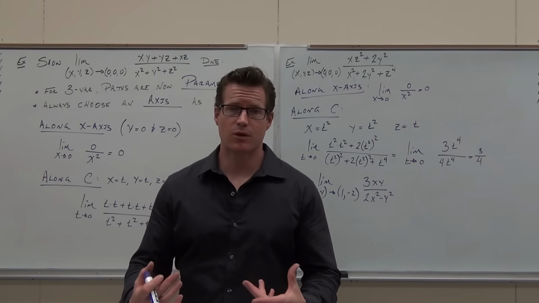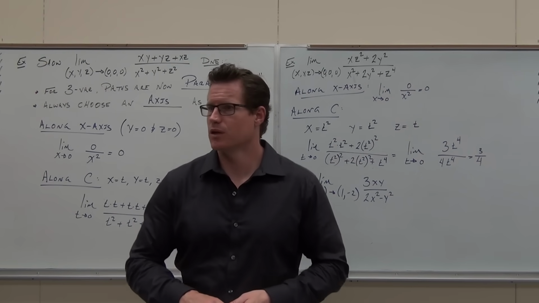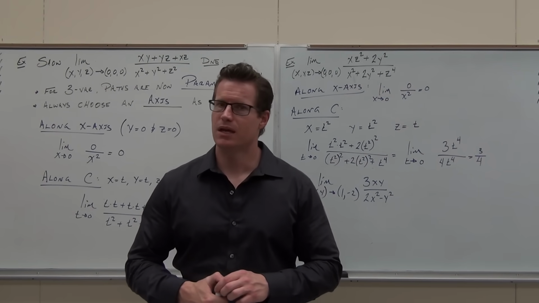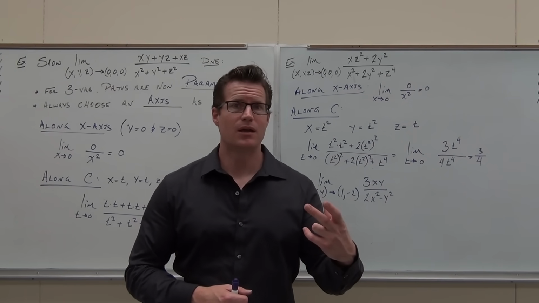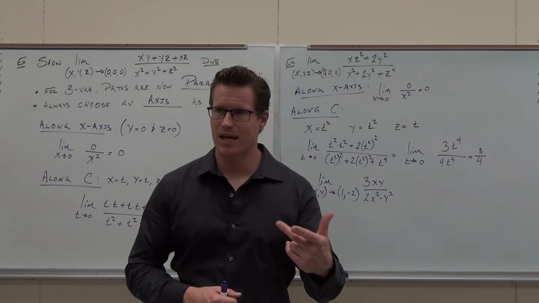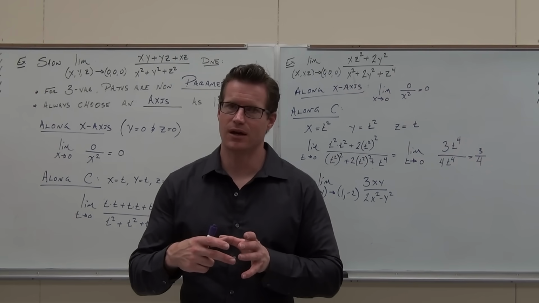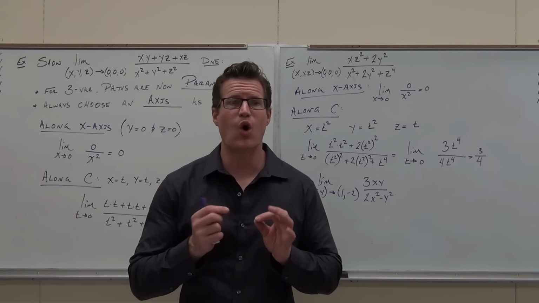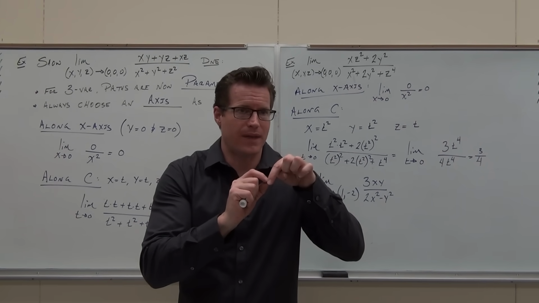If you don't get 0 over 0 or a 0 on a denominator, you're done. We're using the fact that if you plug in a value and you get a number, then that function exists at that point, and in a neighborhood around it you can find continuity, which means all the paths lead to that same value. That's what we're using here.